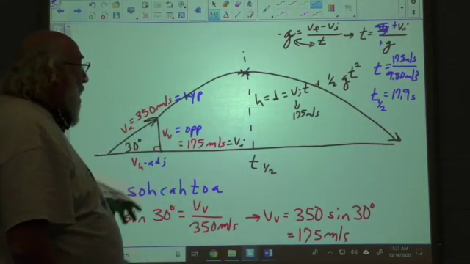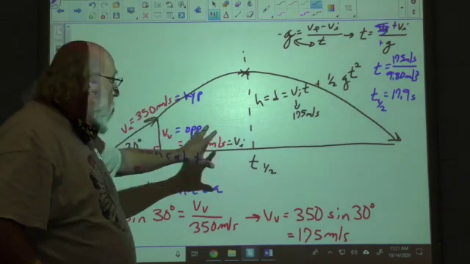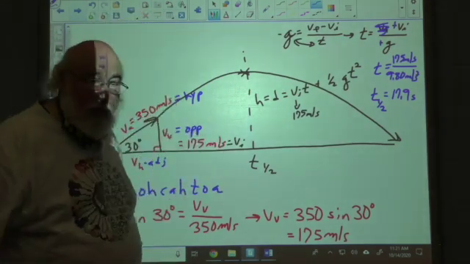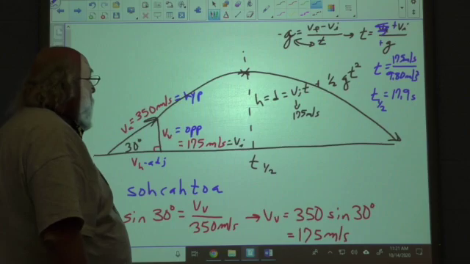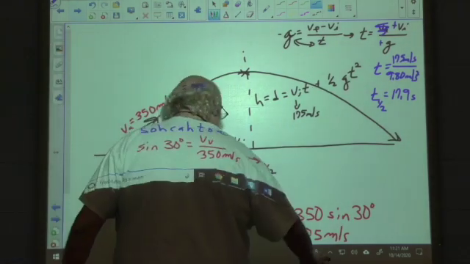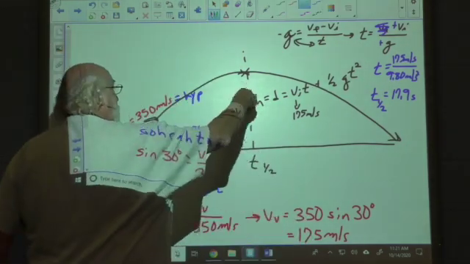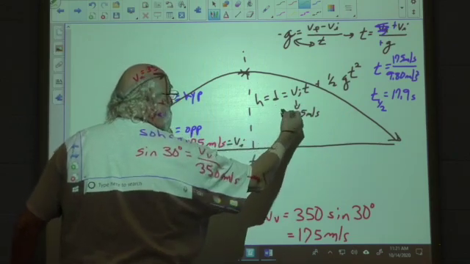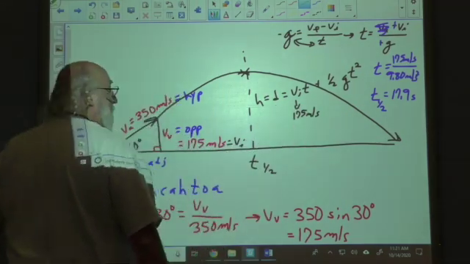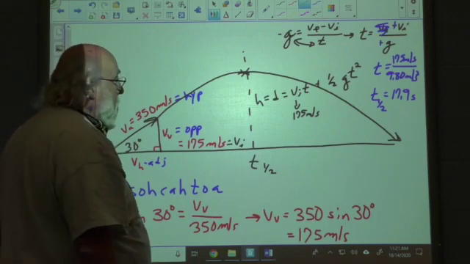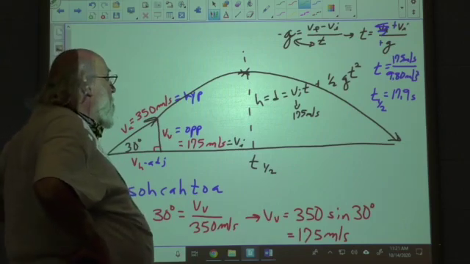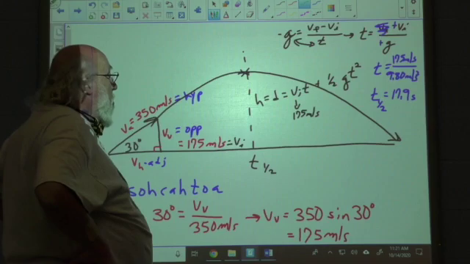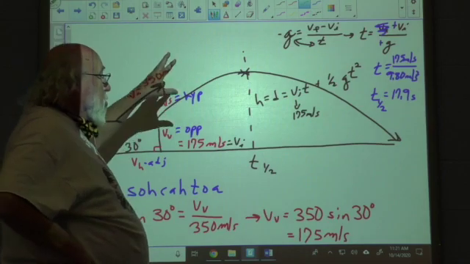Now, how high up did it go? So let's do the vertical stuff first to get it completed here, shall we? The formula to find this height right here that we're trying to get is d equals vi t plus 1/2 g t squared. So we're going to use that formula.